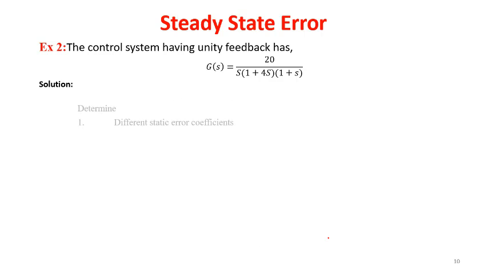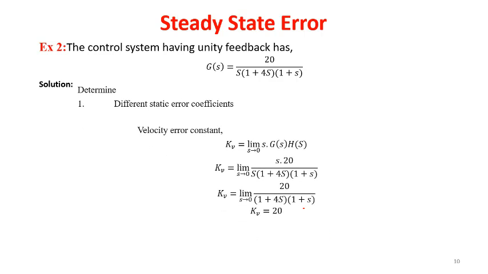Next we need to find the velocity error constant. We know the velocity error constant Kv is given as limit s into g of s h of s as s tends to 0. So we get limit s into 20 by s (1 plus 4s)(1 plus s).